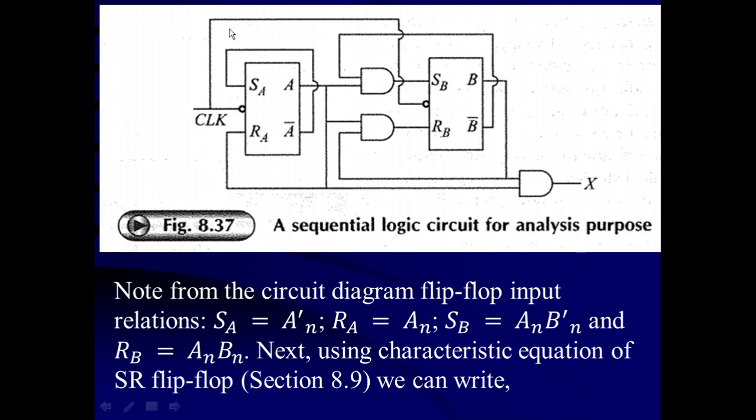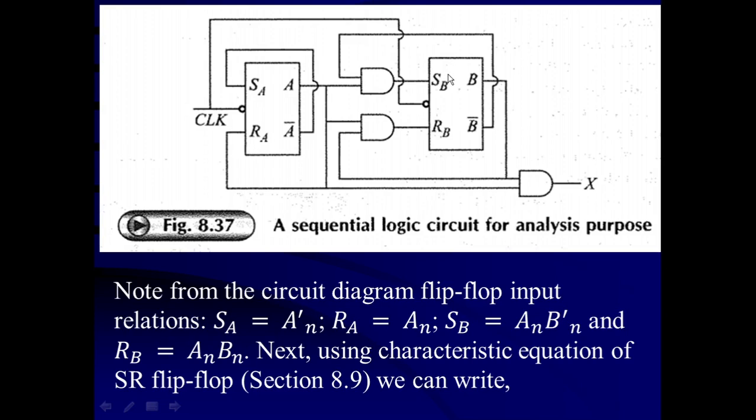Moreover, we can derive the inputs in terms of the outputs. SA is taken from the complement output of the first flip-flop. That means SA is equal to A bar, or AN bar, you can say. And RA is equal to AN. So this AN is connected as an input to the first flip-flop.